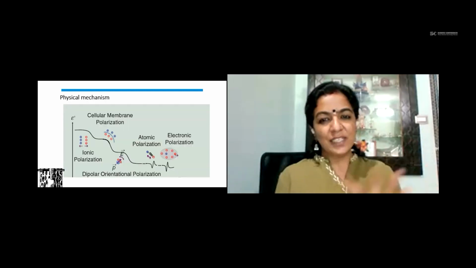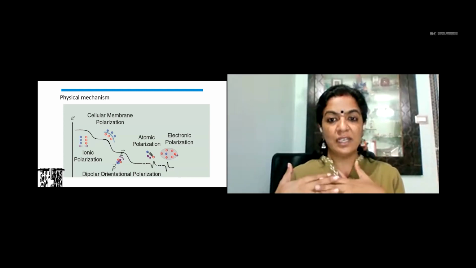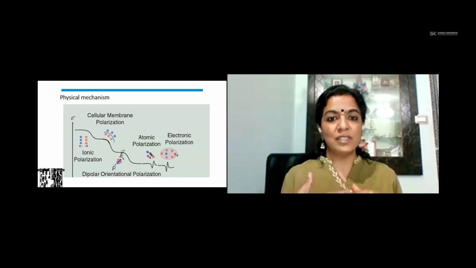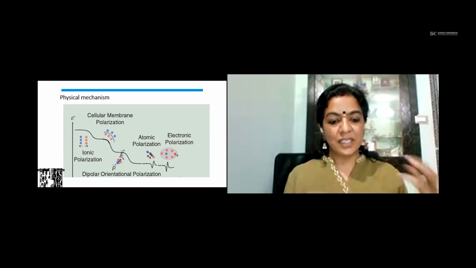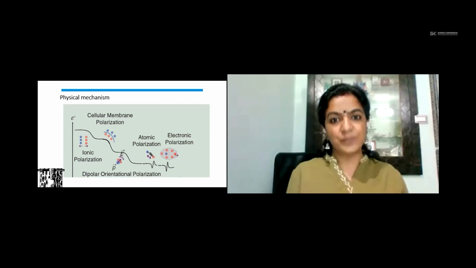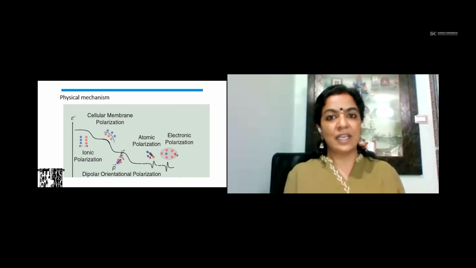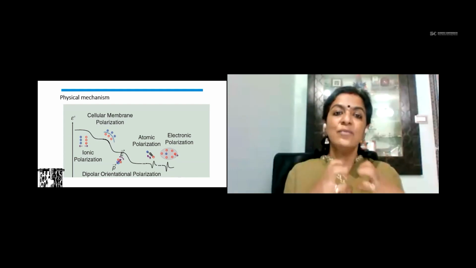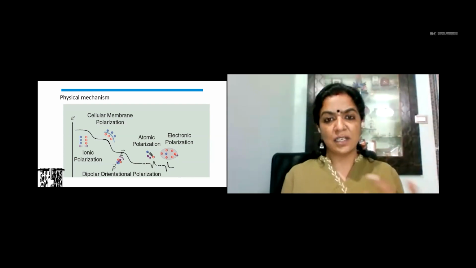The physical mechanism behind this technique is all about how the electrons, atoms, and cells behave with frequency. Here we are talking specifically of bone, but you can take any other tissue. We give alternating current to the system and then evaluate the dielectric properties, for example the capacitance and the conductivity.